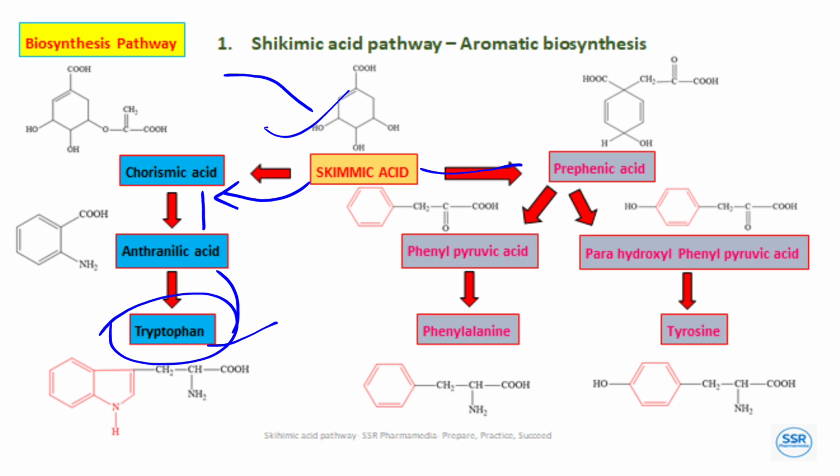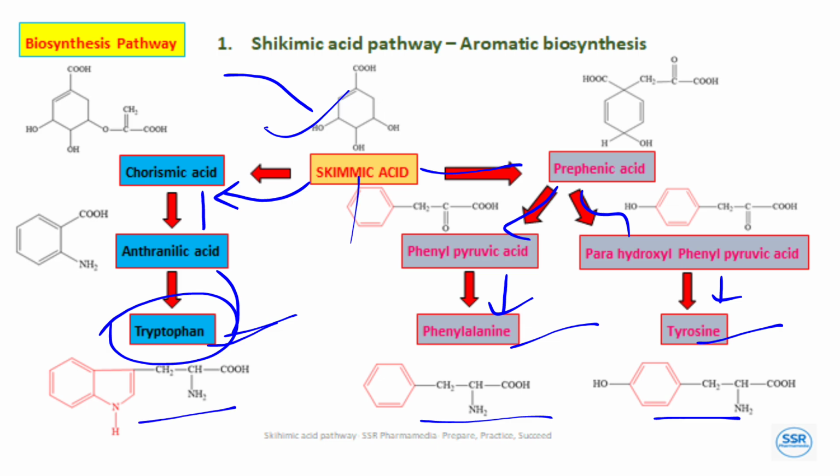Then prephenic acid is converted into two derivatives, phenylpyruvic acid and para-hydroxyphenylpyruvic acid. From phenylpyruvic acid it forms phenylalanine, and para-hydroxyphenylpyruvic acid forms tyrosine. So three types of aromatic amino acids are formed from the Shikimic acid pathway. It is also called aromatic biosynthesis.